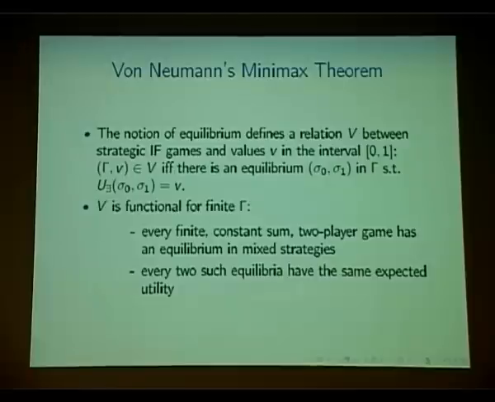The notion of equilibria defines a relation V between strategic IF games and values V in the interval [0, 1]. And we know that this V is functional because every finite constant-sum two-player game has an equilibrium mixed strategy. That's the von Neumann minimax theorem. And its corollary says that every two such equilibria give you the same expected utility.